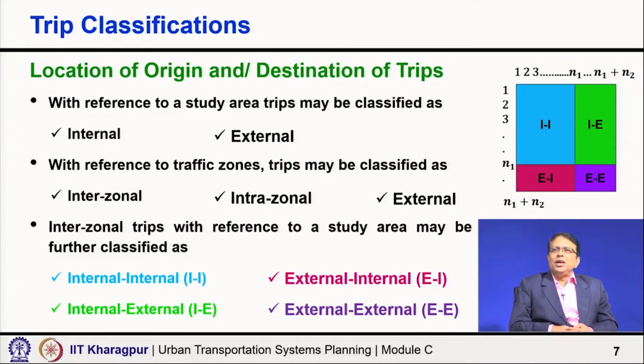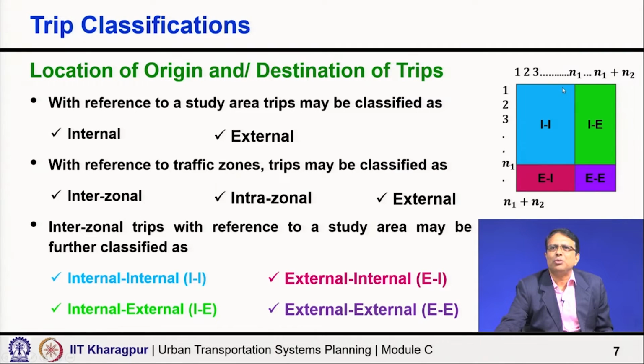That means a trip is produced in any one of these N1 zones and attracted to any one of these N1 zones. The trip is not going outside; everything is within that cordon boundary. So, this blue portion that I have shown here is the internal segment.